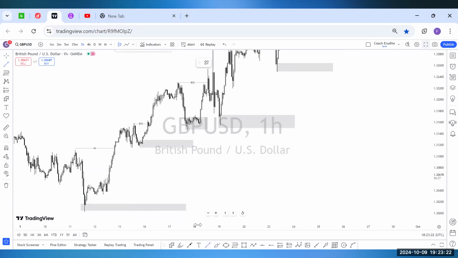And another thing, I said balance is seen as liquidity, right? Imbalance is seen as internal liquidity. So anywhere there's imbalance, price will need to come and fill the imbalance. That is, price will need to come and grab the internal range liquidity before continuing its movement.